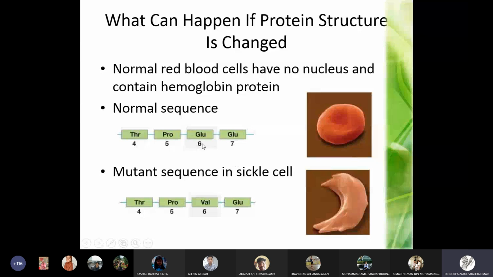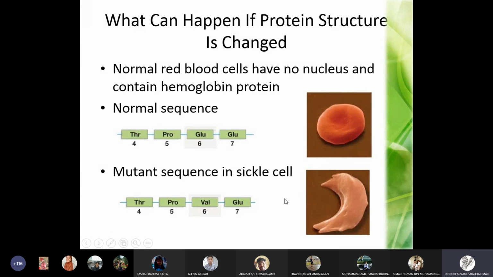What happened is that the amino acid glutamate is replaced by valine. So this is a kind of substitution mutation. Glutamate is replaced by valine, so it causes the structure of the protein to become distorted. So it becomes a sickle cell.